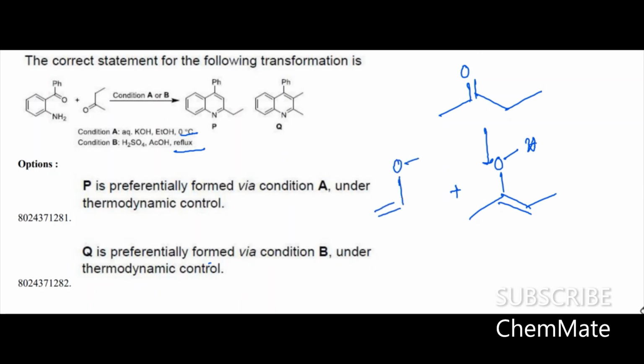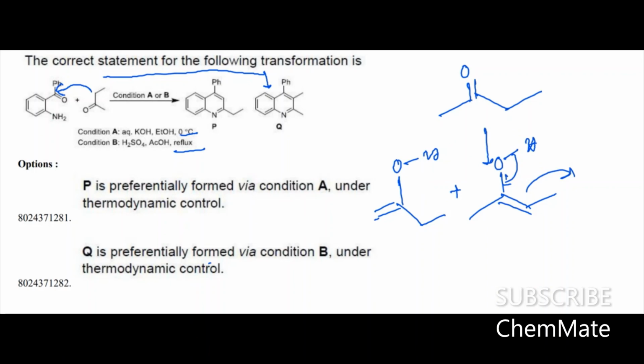This is this enol. So this is more stable because this is the more substituted enol. So under thermodynamic condition this enol will attack this carbon center, and from this attack we will get the product Q.